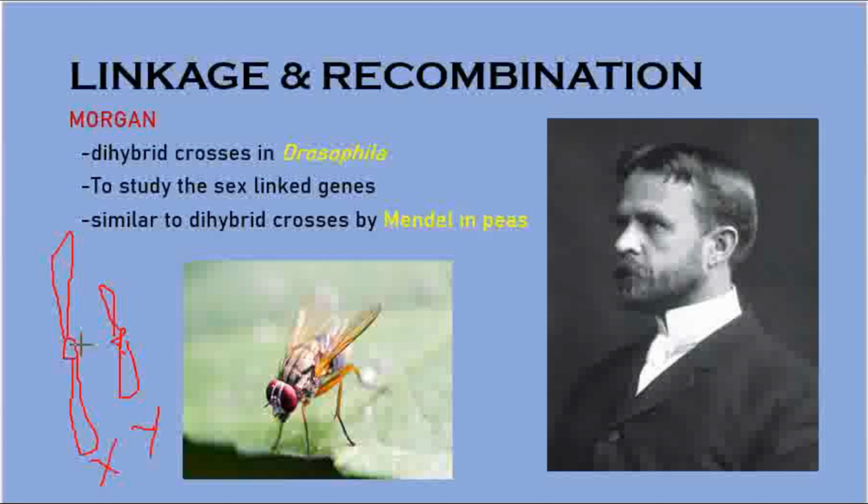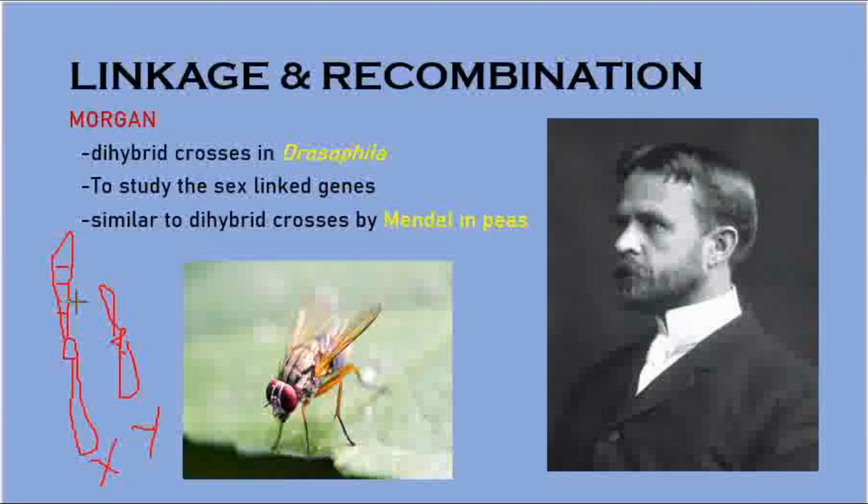Chromosomes have genes, and you can name the genes by any alphabets. In these genes, some characters will be expressed. In the same way, in the X and Y chromosomes also, characters will be expressed and some genes will be present. That is what he studied in this experiment, the sex-linked genes.